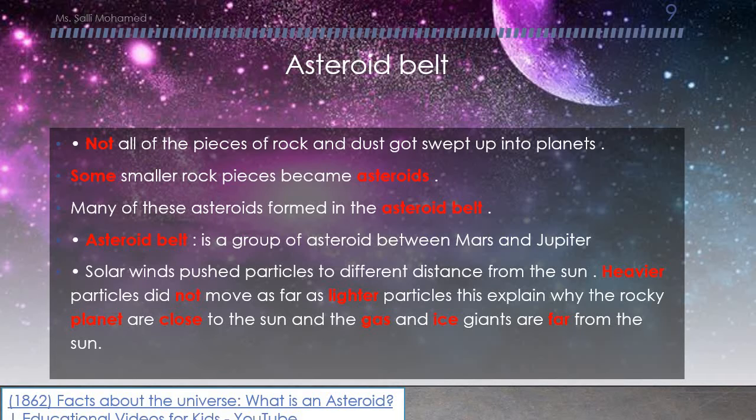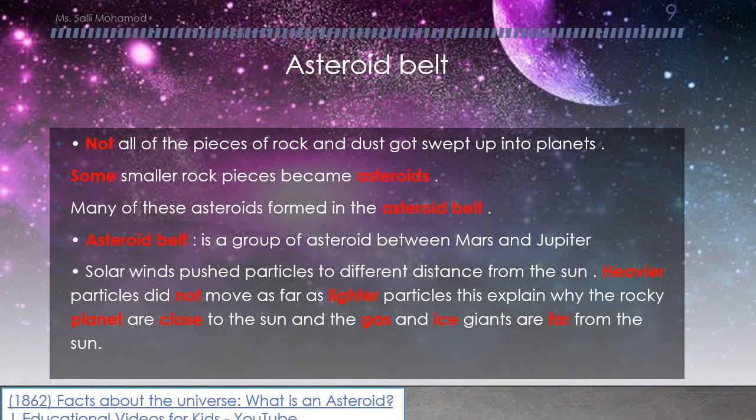Another piece of info is that, as we said, we have 2 types of planets, the giant planets and the rocky planets. What made the rocky planets closer to the sun and the giant planets away from the sun? The solar winds pushed the planets to different distances according to their mass. So we can conclude that the rocky planets will be found closer to the sun.